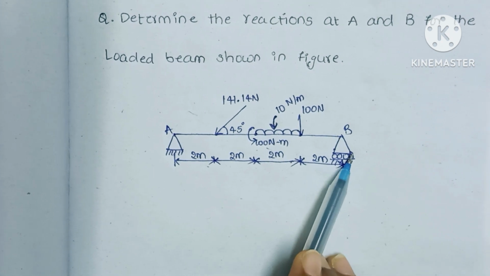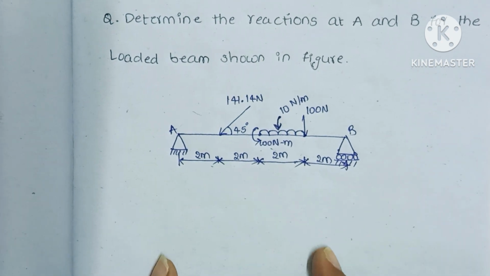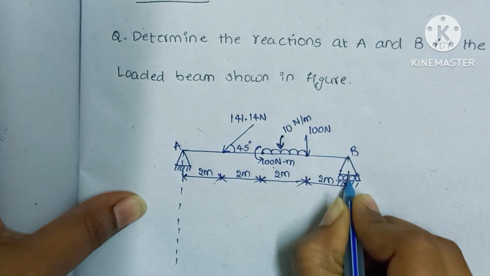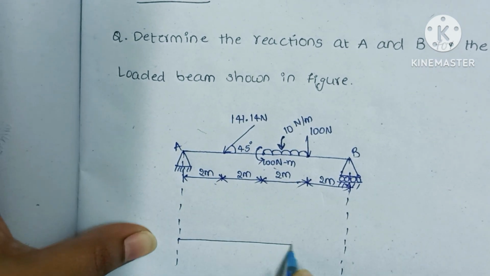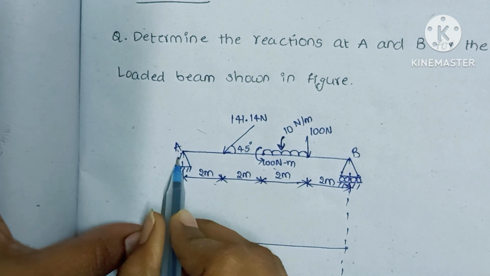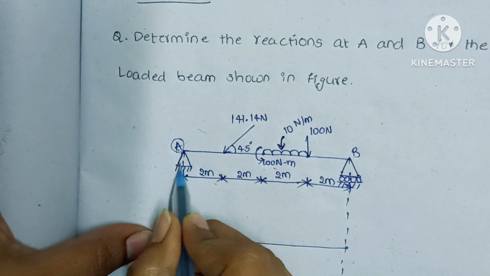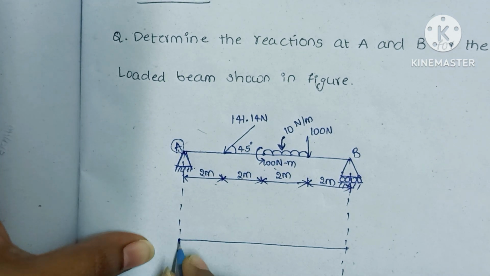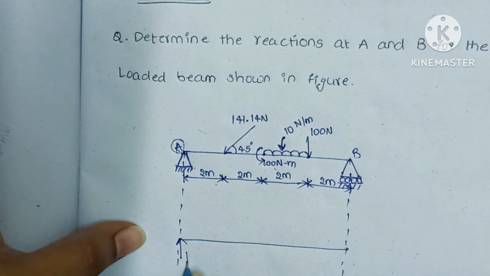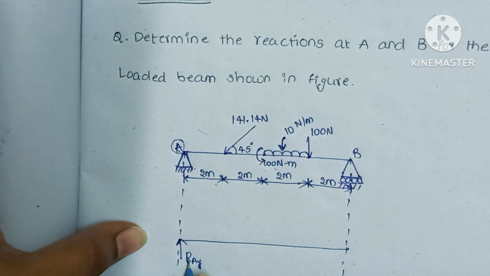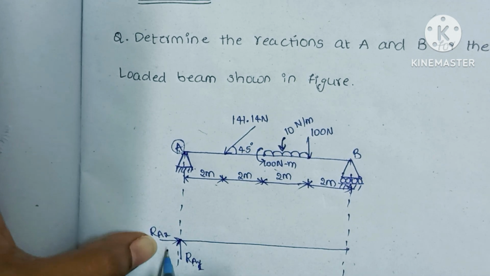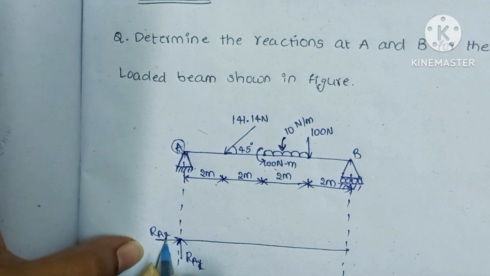I am going to draw a free body diagram for this. At A we have a hinged support, so we have vertical and horizontal reactions. The vertical reaction force is RAY, the reaction force at point A in the Y direction. The next one is RAX, the reaction force at point A in the X direction.